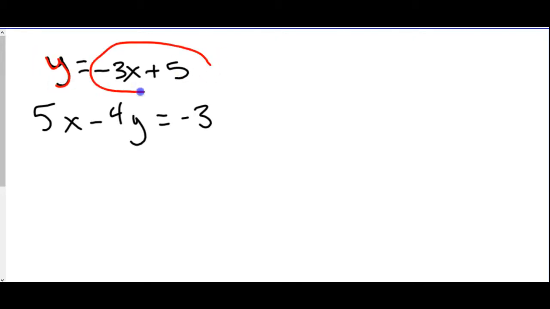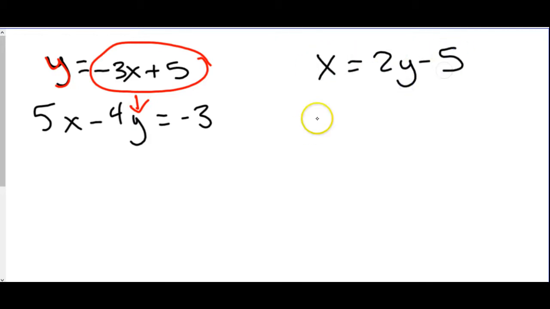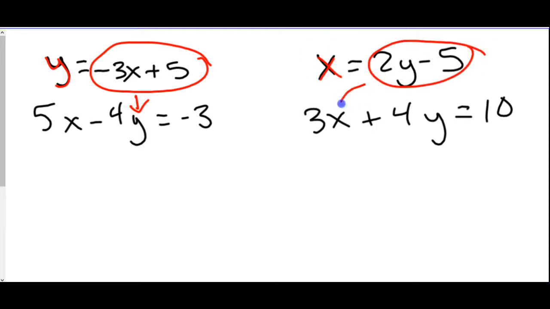We take all the stuff on the other side and replace it into the other equation. Now you need some flexibility here because it could be that x is alone. It could say x equals 2y minus 5 and 3x plus 4y equals 10. If that were the case, since x is alone, when we go and replace, we'd replace into the letter x.